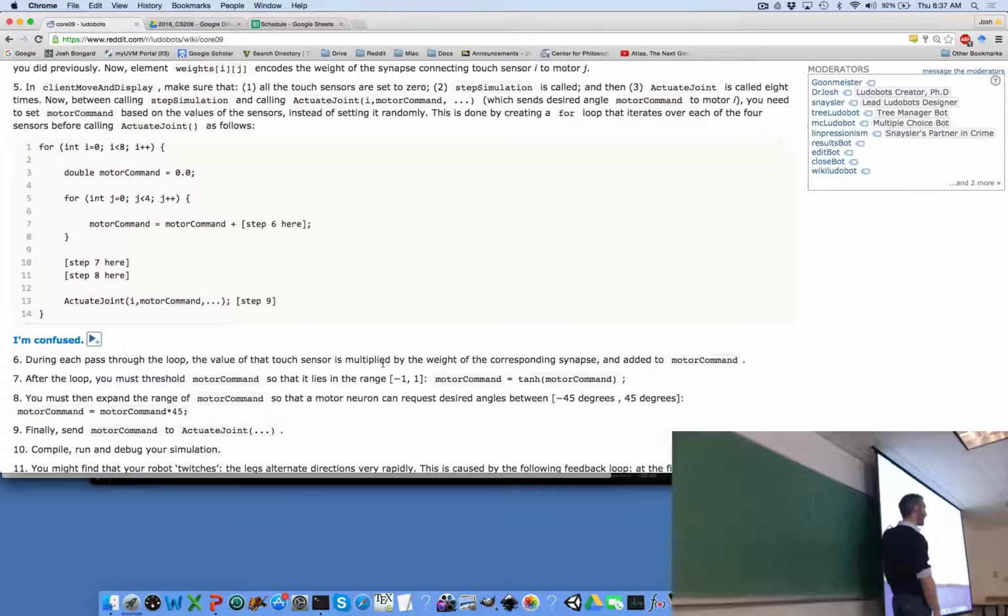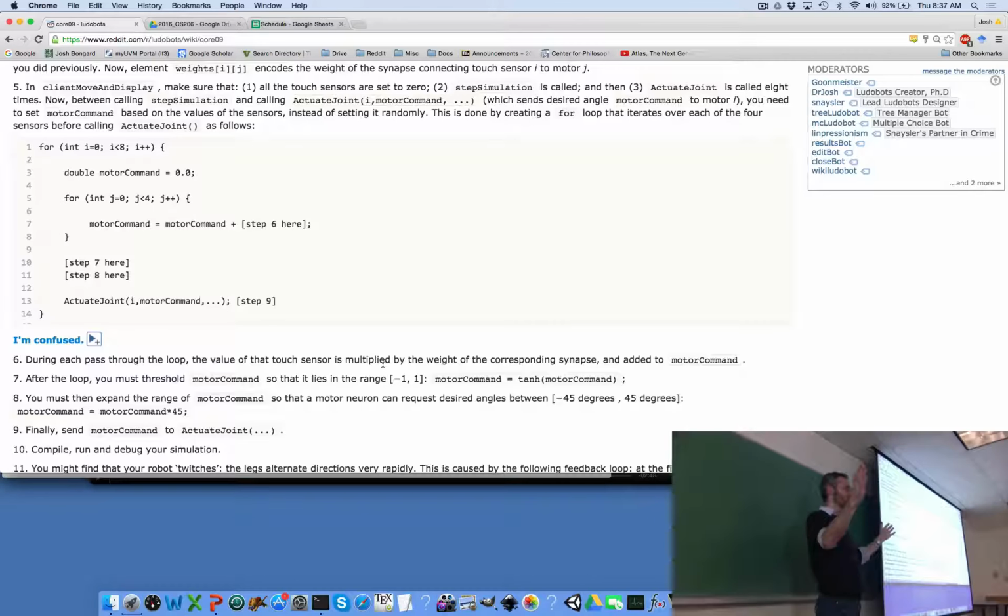Once we've done that, we have 2 more steps here, which is to squash. In step 7 here, we're going to squash that raw sum to a value between -1 and +1. That's the activation function. Once we squash it to a value between -1 and +1, we're then going to re-expand it to a value between -45 and +45.